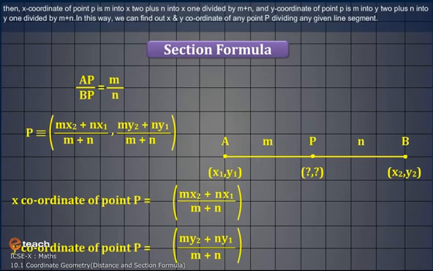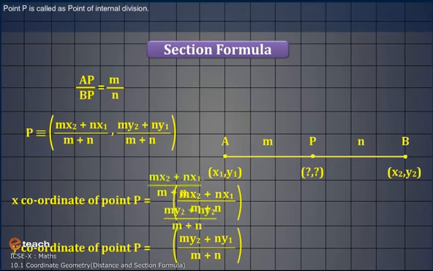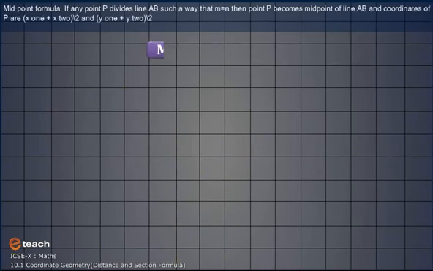In this manner, we can find out x and y coordinate of any point P dividing any given line segment. Point P is called as point of internal division.